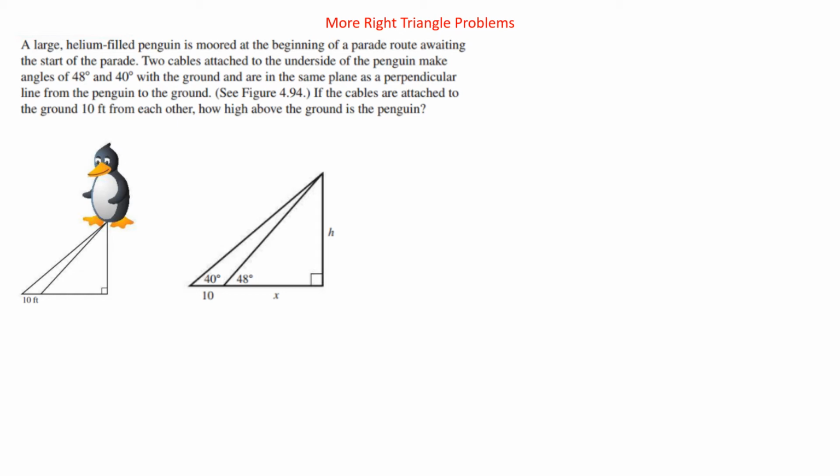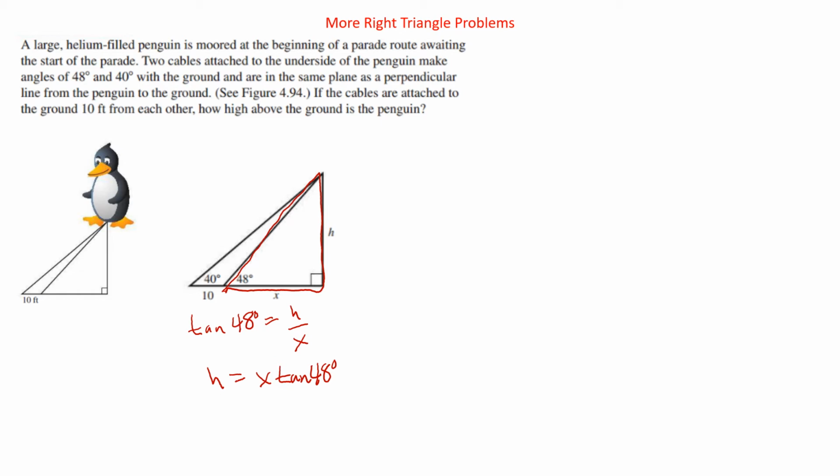So we can make our 2 triangles again. We have the small triangle right here, and again we have opposite and adjacent. So the tangent of 48 degrees equals h over x, which means that the height will equal x times the tangent of 48 degrees.